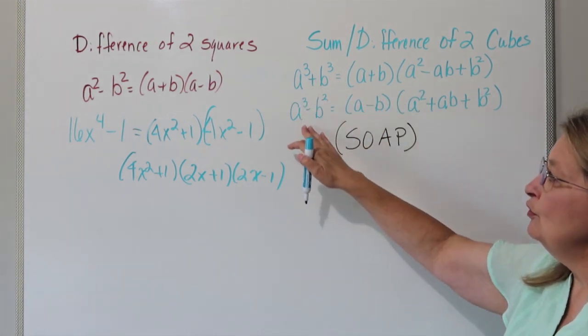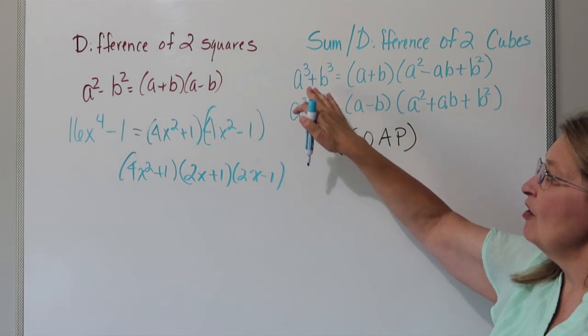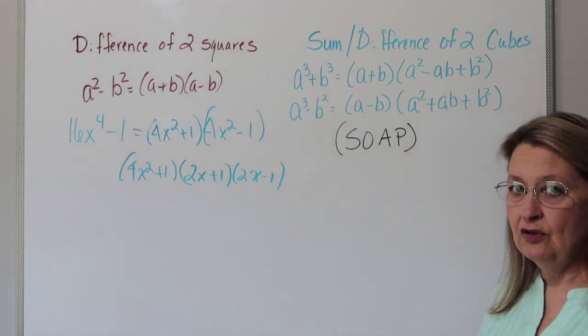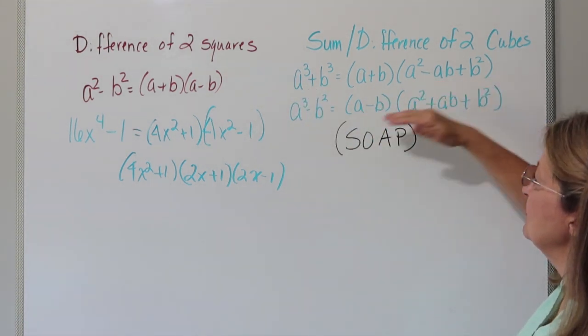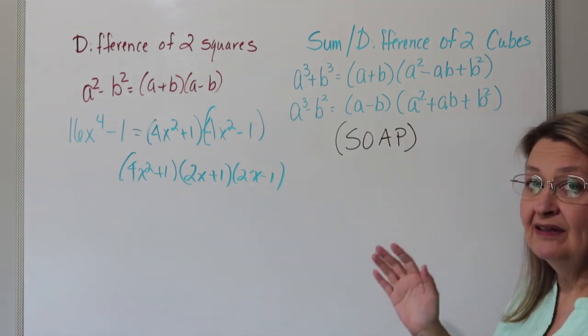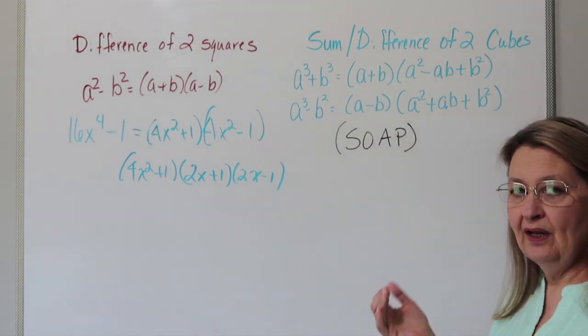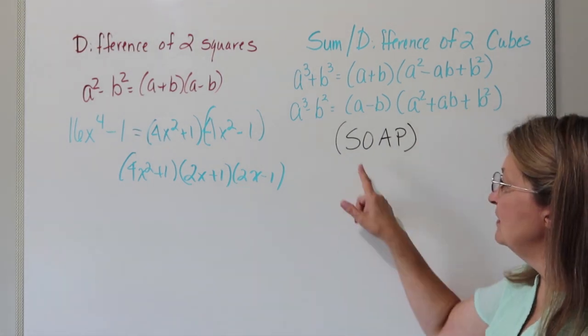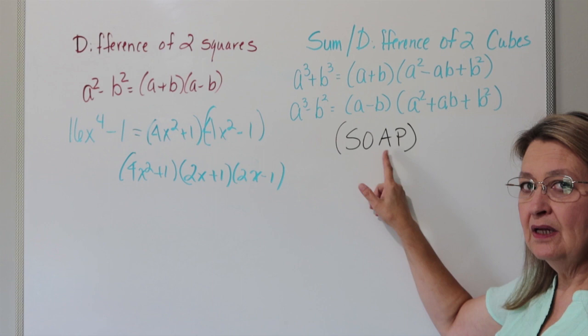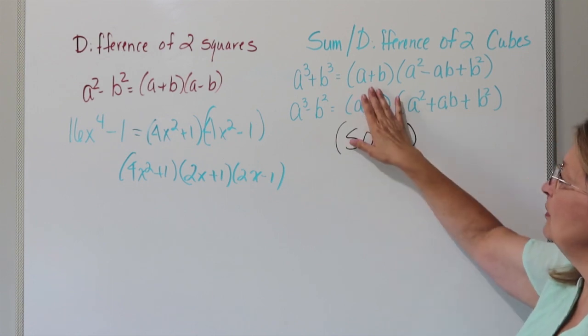Now here's your two formulas, because you can do a sum or a difference of two cubes, and there's very little difference in the result. It's only the signs. And we have an acronym, SOAP, that helps you remember the signs. And this is same, opposite, always positive. So look up here at the formulas.